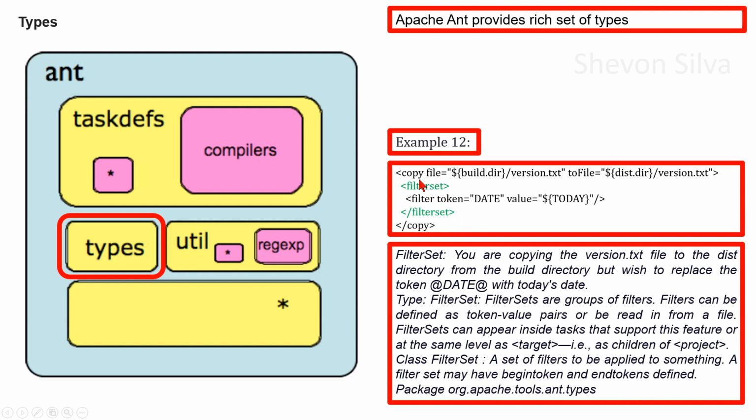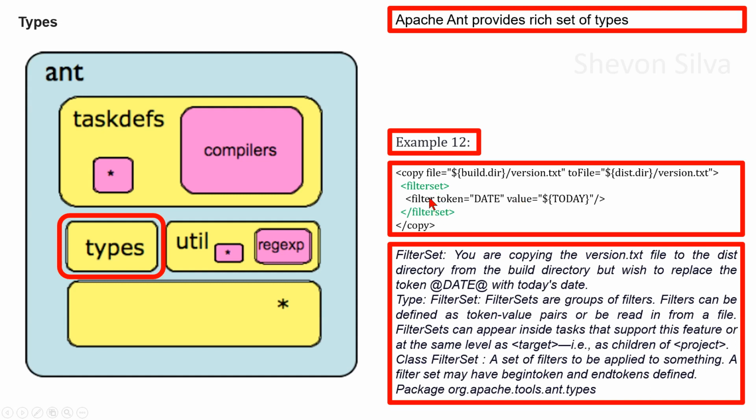The type filter set. Filter sets are groups of filters. Filters can be defined as token value pairs or be read from a file.